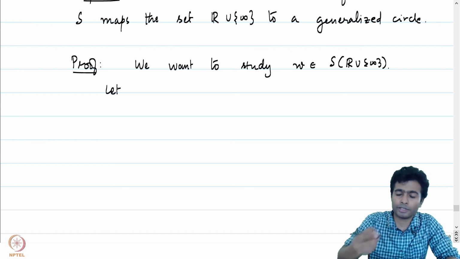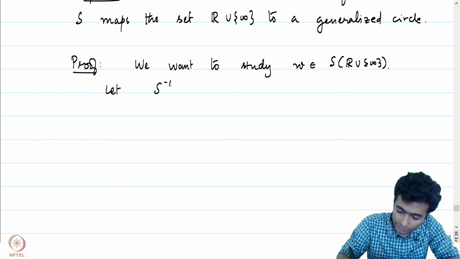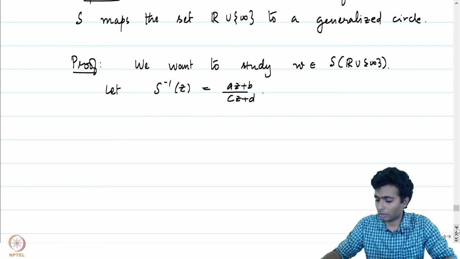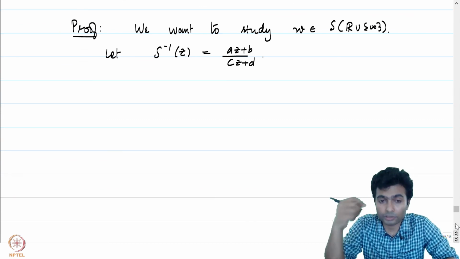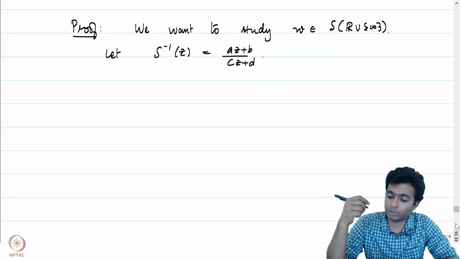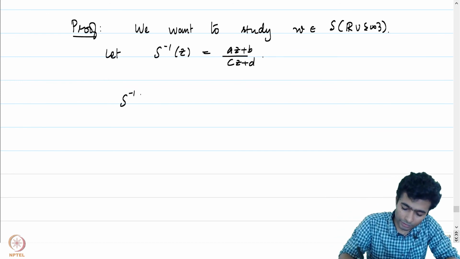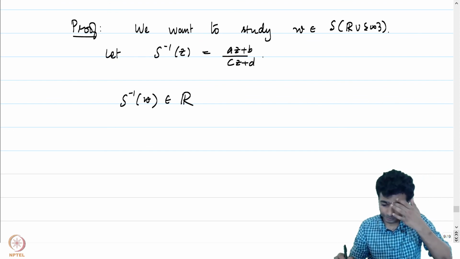In that case, let's give an expression for S inverse. Let S inverse of Z be given by (AZ plus B) by (CZ plus D). We want to understand when S inverse of W belongs to the real line.